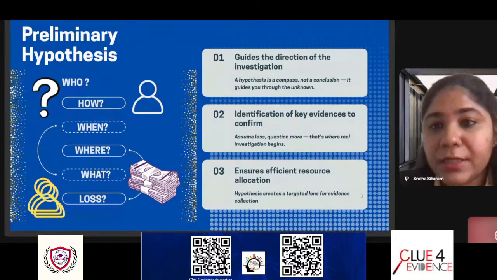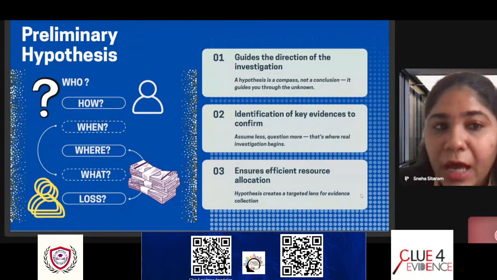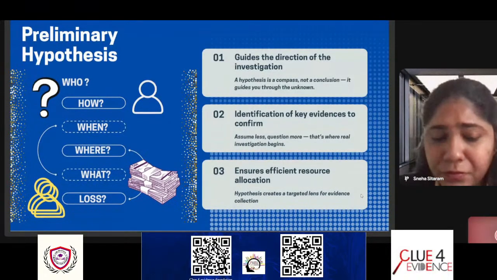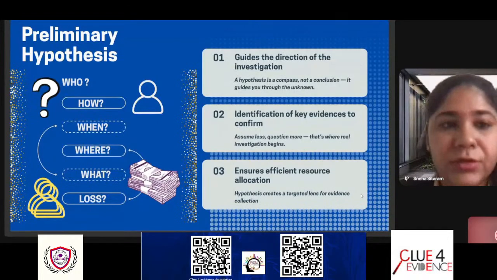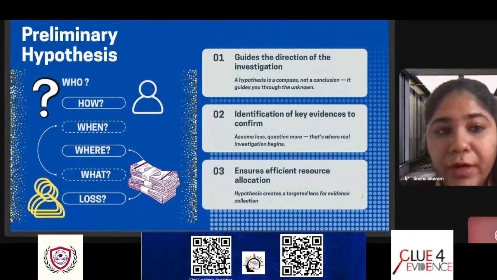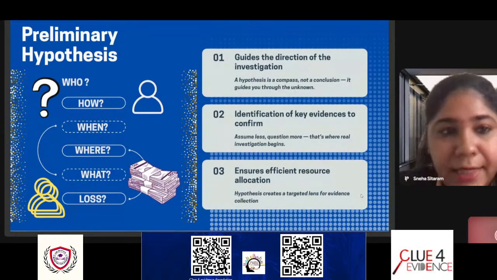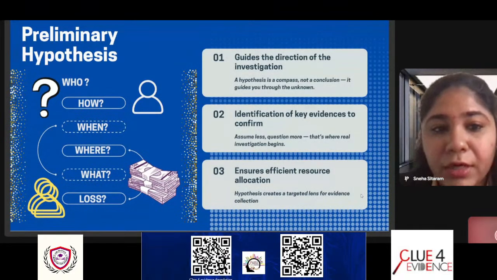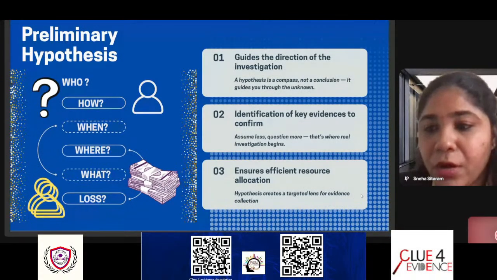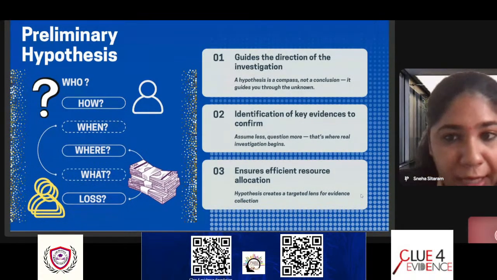So in order to gather evidences, we have to form this hypothesis, which is very important in any case to be handled. Think of a hypothesis as a compass, which shows a direction, whether your investigation case is leading in the right direction.